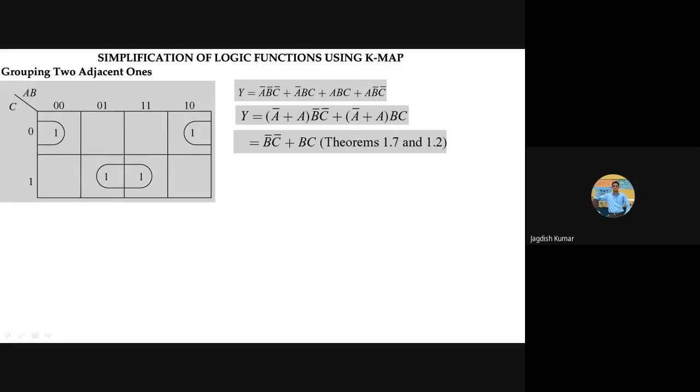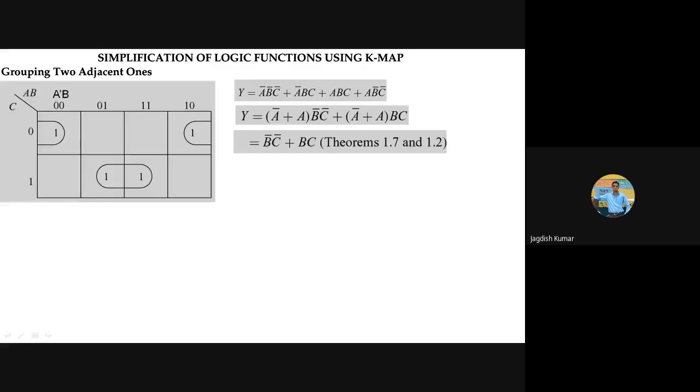Okay, just give me a small time. Let me do the changes in the PowerPoint presentation so that things are visible to you properly. I think you are not able to get things. Okay, just a moment. For complement, I will be writing a dash. Because I can't write A bar, I would write A dash, B dash.